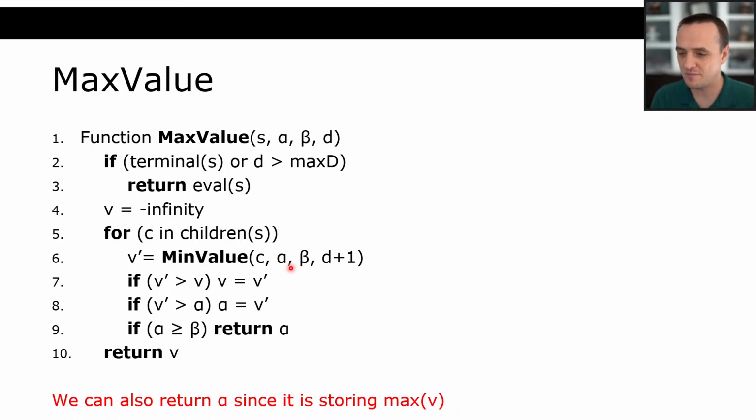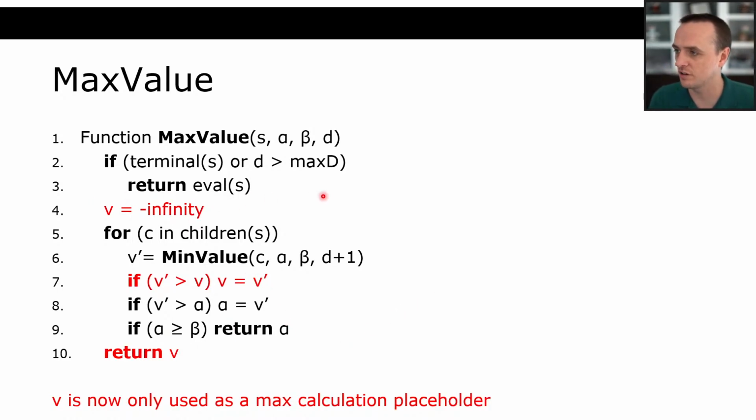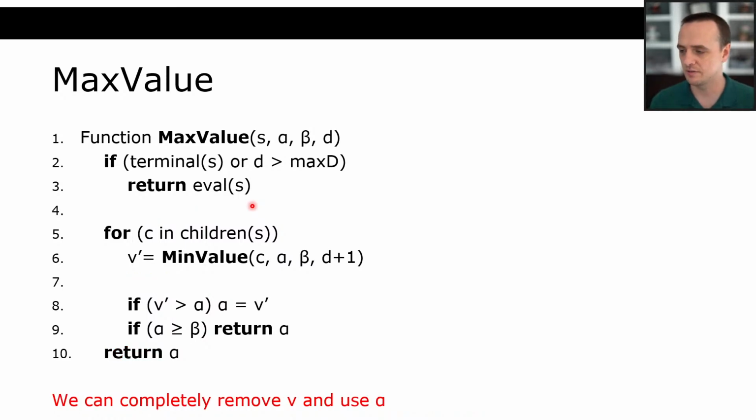Because I'm comparing against alpha, and I'm also returning alpha, all this V stuff is useless, because I'm using alpha as that temporary max storage variable. All this V did was help me compute the max. So I can get rid of V.